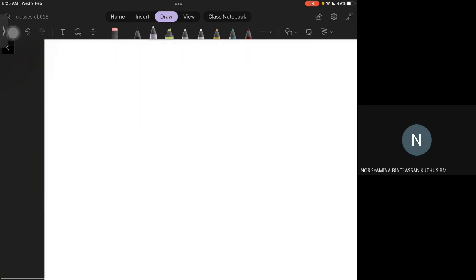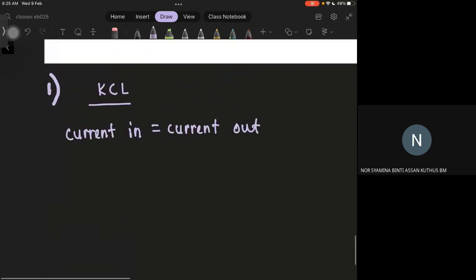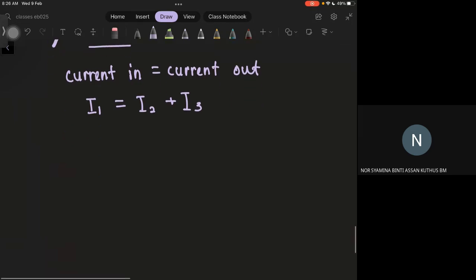Setuju? Okay, so current in is I1 equals to current 2 plus current 3. Okay, so kita boleh simplify ini. So this is our first equation, so we cannot do anything.